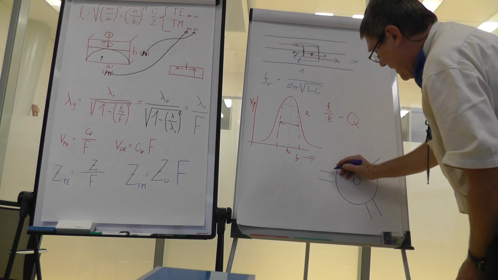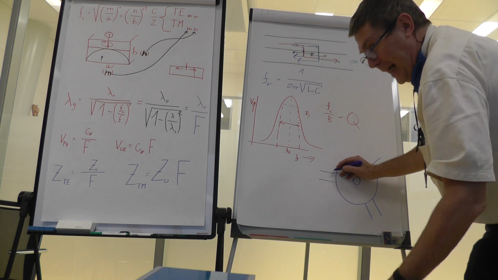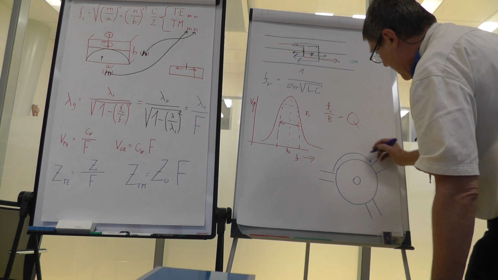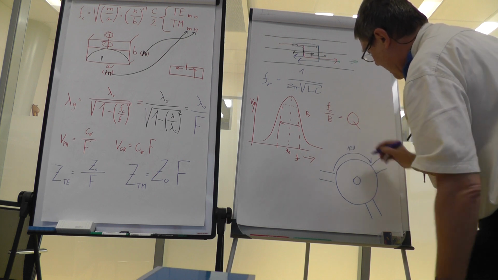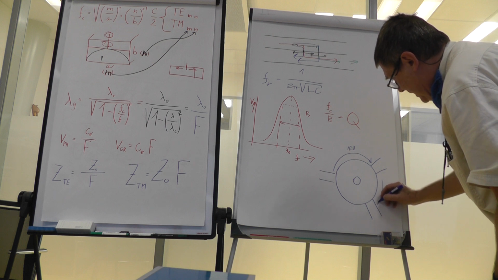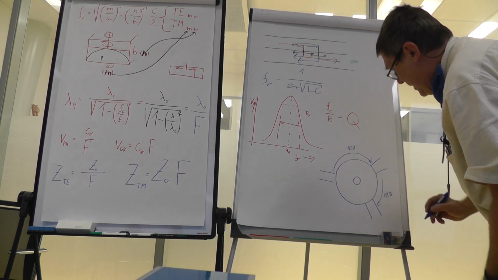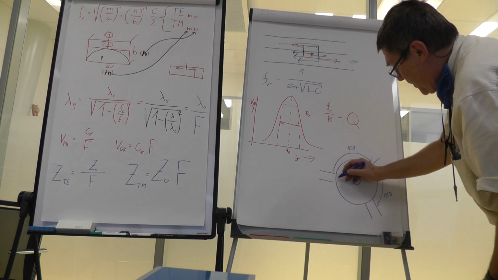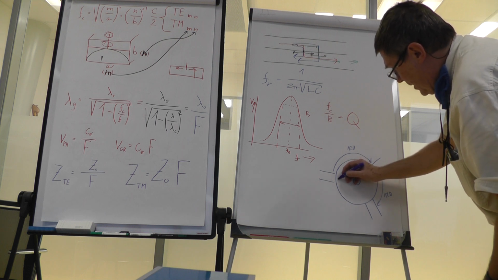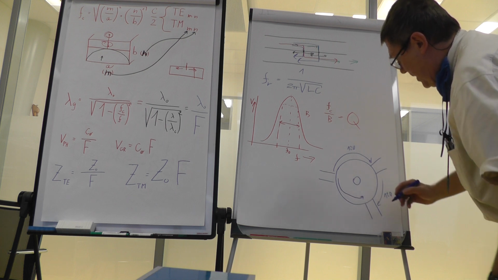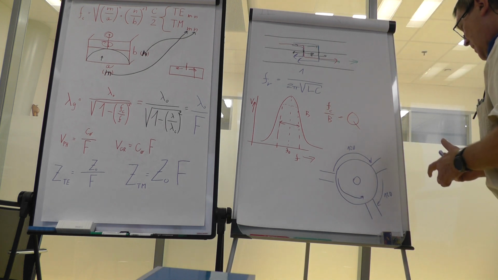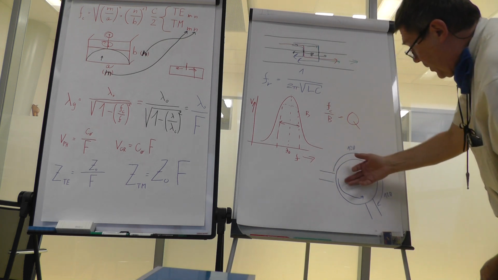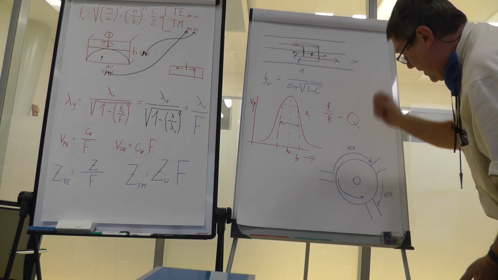So let's say that the ferrite makes them twice the difference, and that this is 120 degrees in this direction. So it is again 120 degrees in this direction, but in the opposite direction you have a smaller constant, so say only 60 degrees.